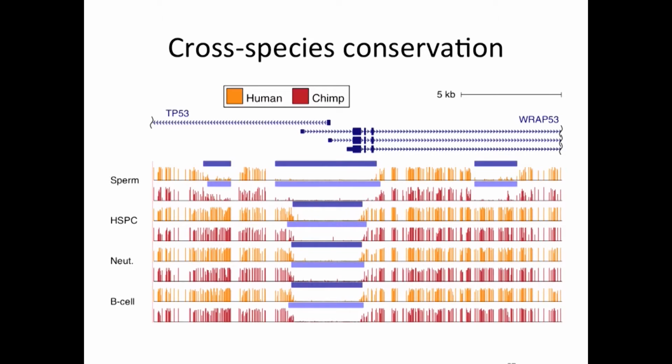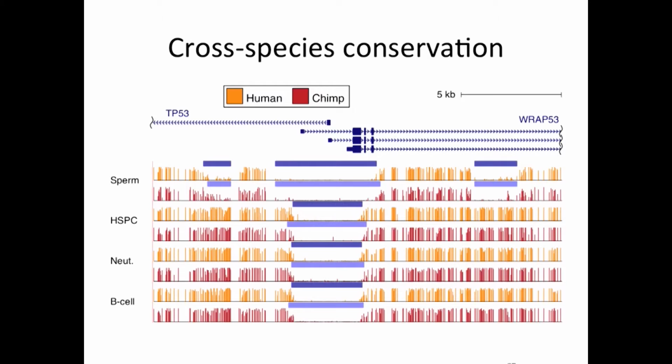Another interesting thing that we've done is species-specific comparisons. For every blood cell type, in addition to sperm, we generated equivalent bisulfite sequencing data sets in chimpanzee, and we've compared them to each other, and we find that they're highly similar.